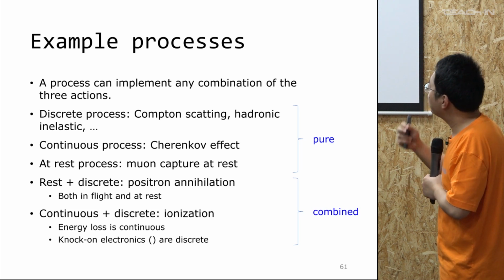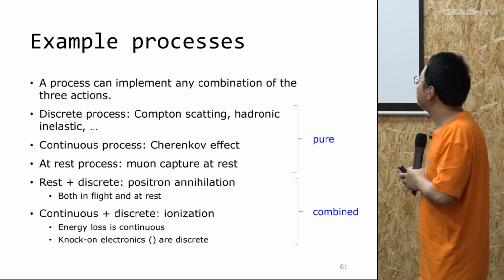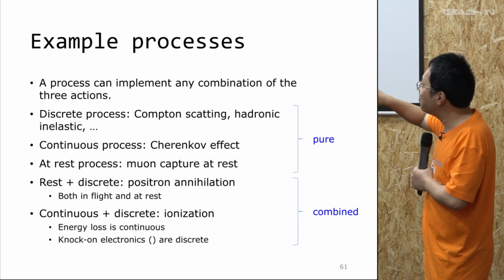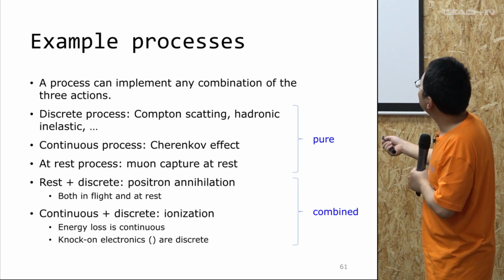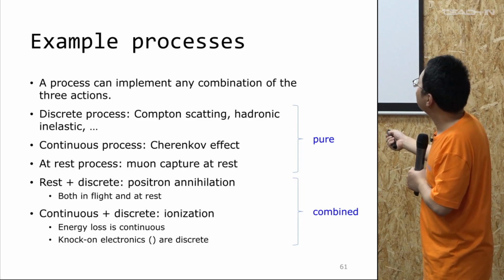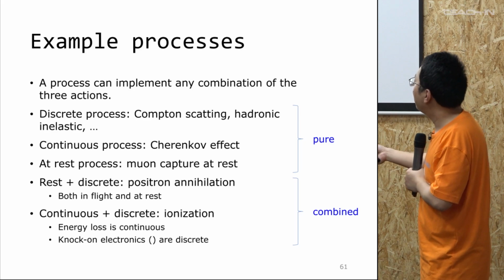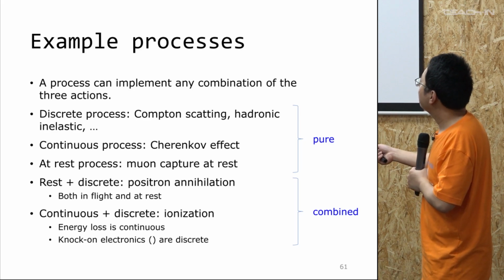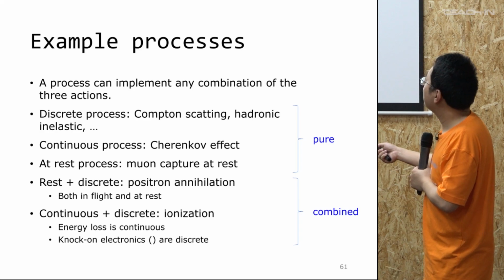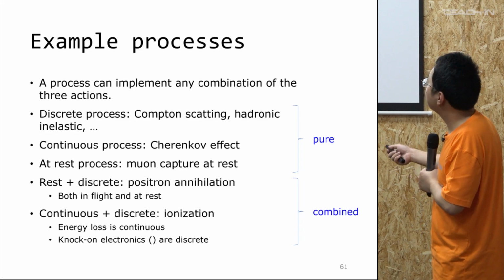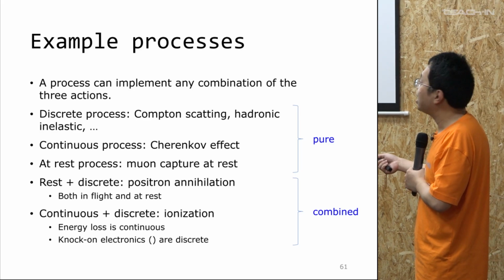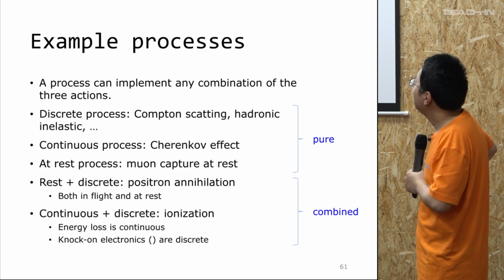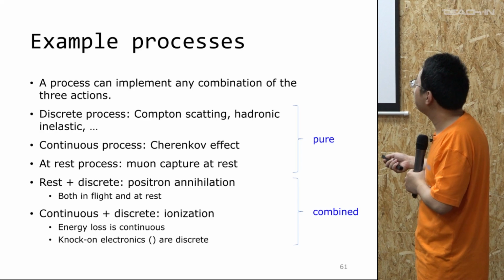And actually, a process can be implemented by combining all these actions. This is an example. For the pure ones, we only have one action. For example, for the discrete process, we have Compton scattering and hadronic inelastic; for the continuous process, we have the Cherenkov effect; and for the at rest process, we have muon capture at rest.